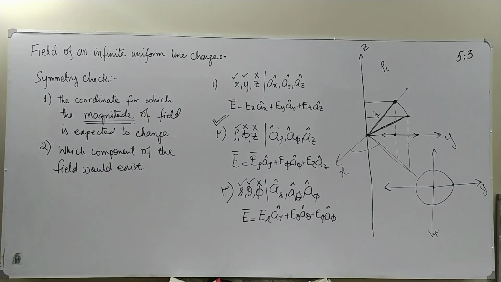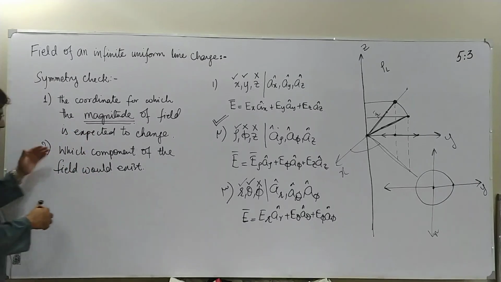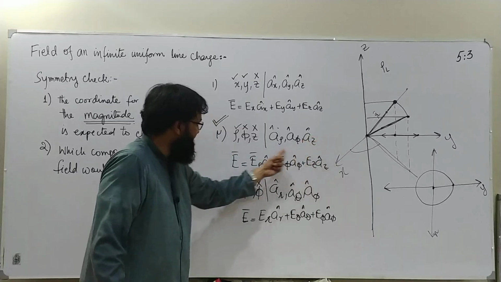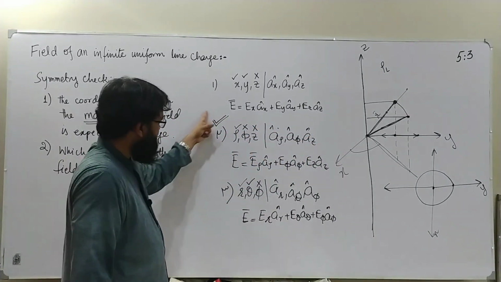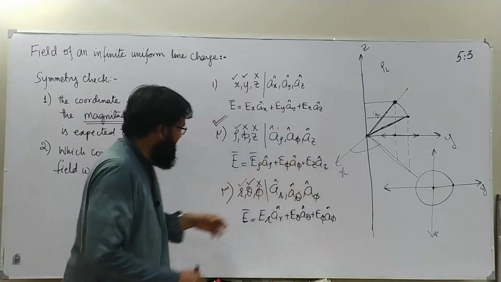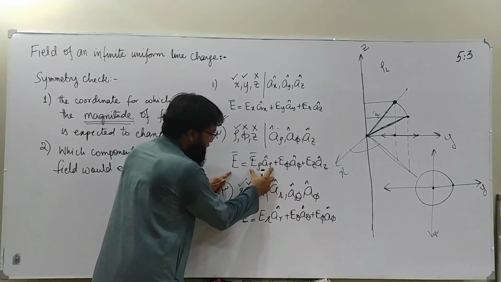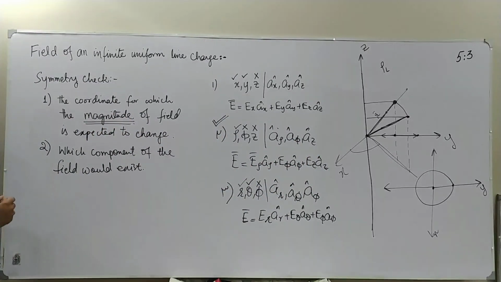All right, so this is symmetry check clause 1. Clause 2 is that once we have chosen the coordinate system we will be working in, now at maximum we can have a rho component, phi component and z component of the field.